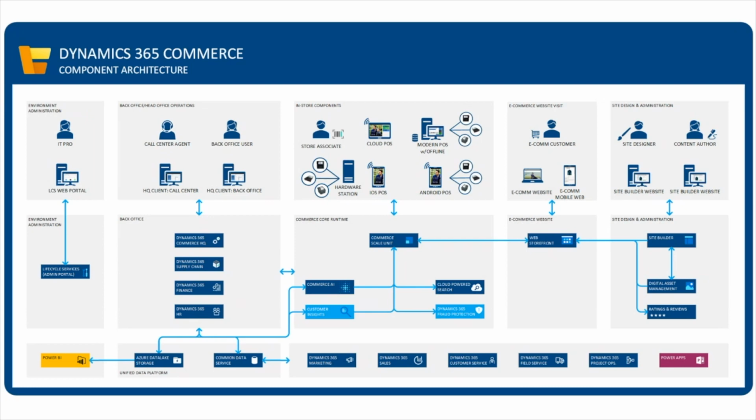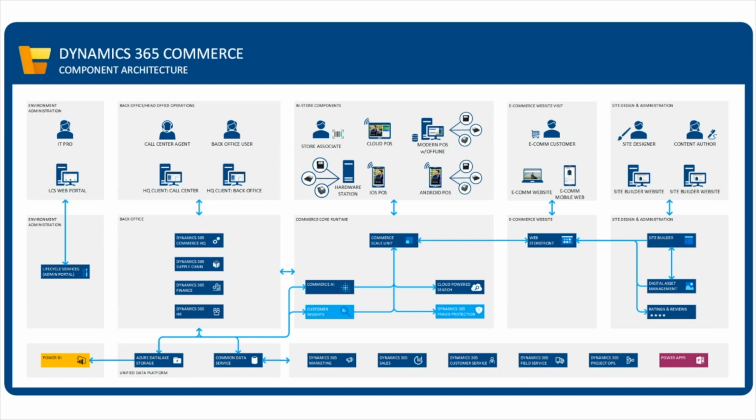So for this persona, the primary management plane, as many of you might know, is the lifecycle services web portal. And within this web portal, multiple different lifecycle operational capabilities are available for managing a Dynamics 365 commerce environment.